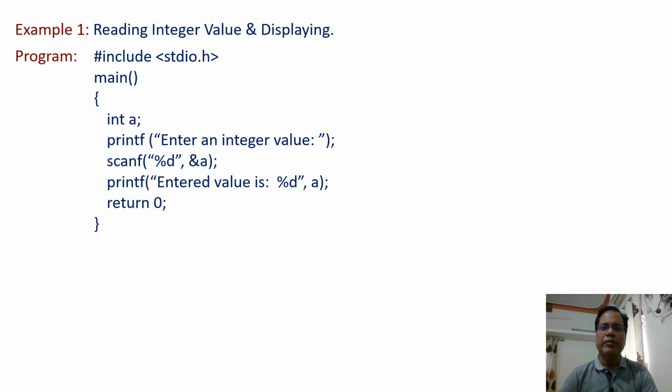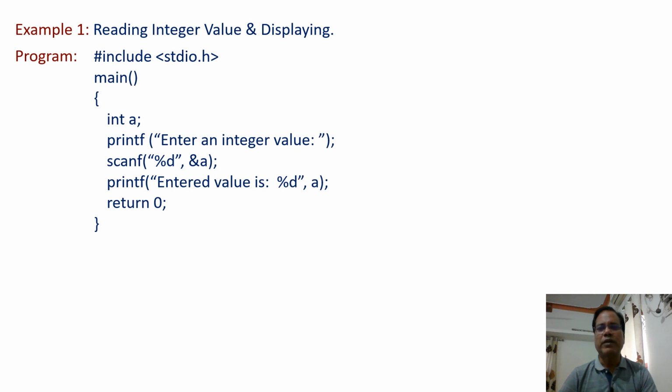The next statement is printf("Enter an integer value:"). What is written in the quotation marks of the printf function, as we already have discussed, is printed on the output screen. The next statement is the scanf function, %d comma &a.